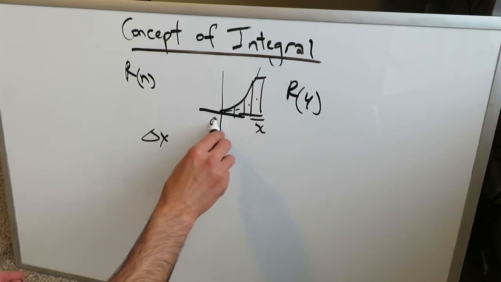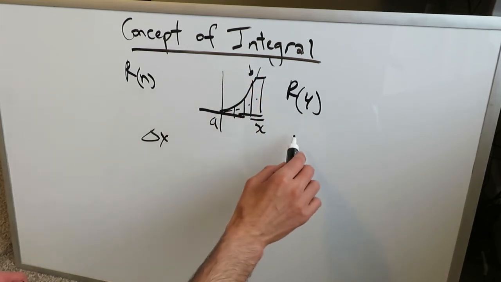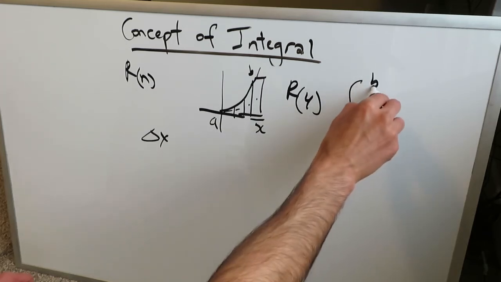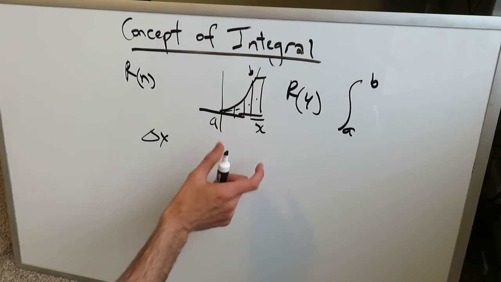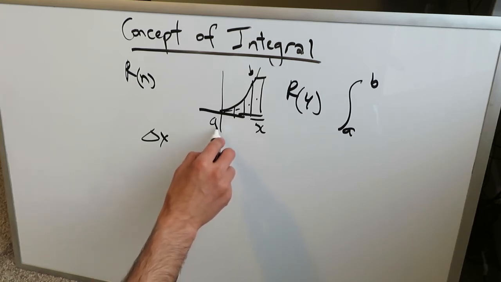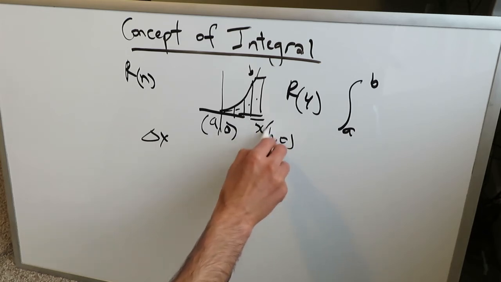You know, we started here from a lower endpoint and we've gone up here to a higher endpoint in terms of the x-axis. Remember, the lower endpoint to the higher endpoint, these are your domain values, your x-axis values. You're going from an x-axis value of a comma 0 to b comma 0. That's what we're talking about.